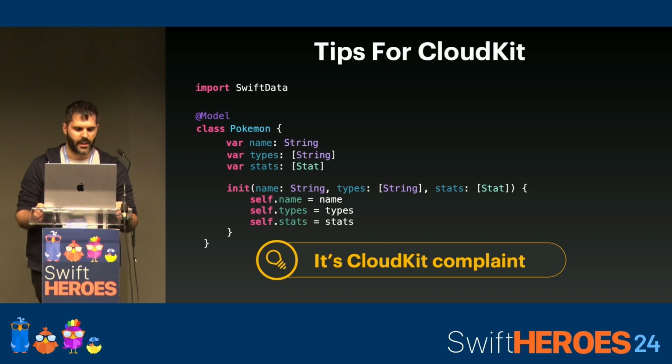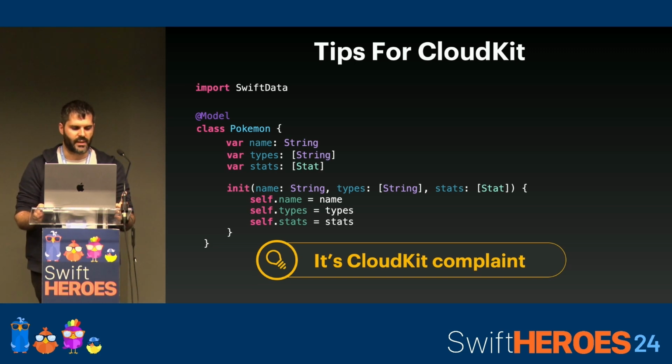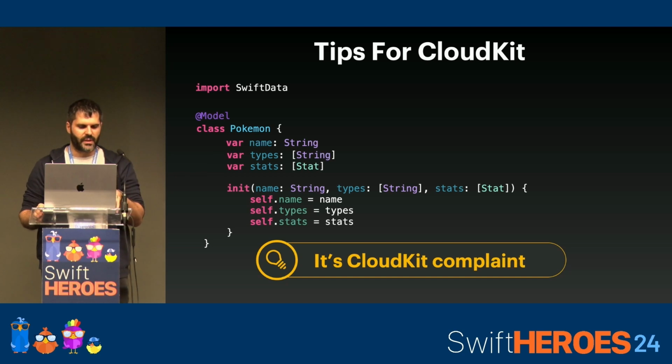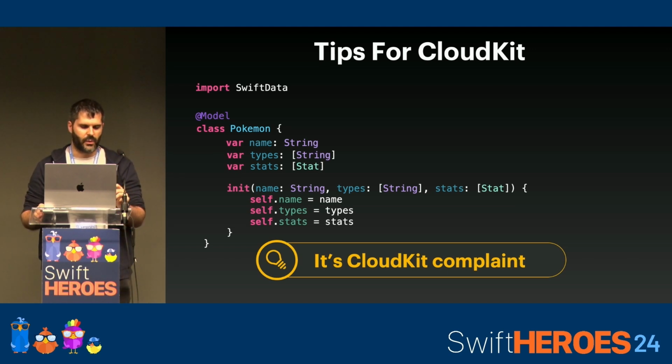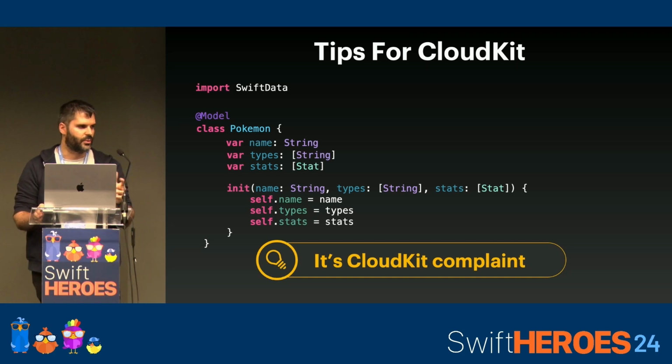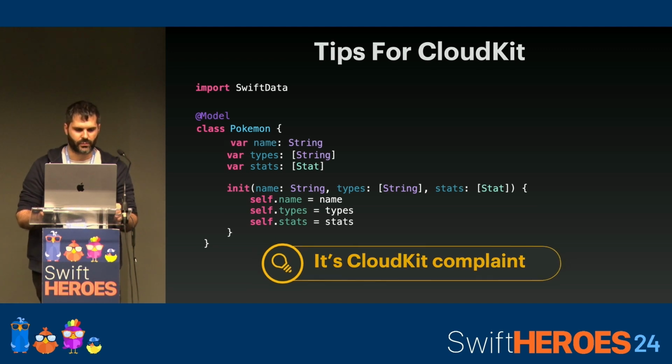So in this case, if you have the iCloud capability on your project, you can save it. For SwiftData, we need one more capability, that is background modes with remote notification checked, because the system will send you a silent notification to your application to synchronize the local data and the data on your iCloud.